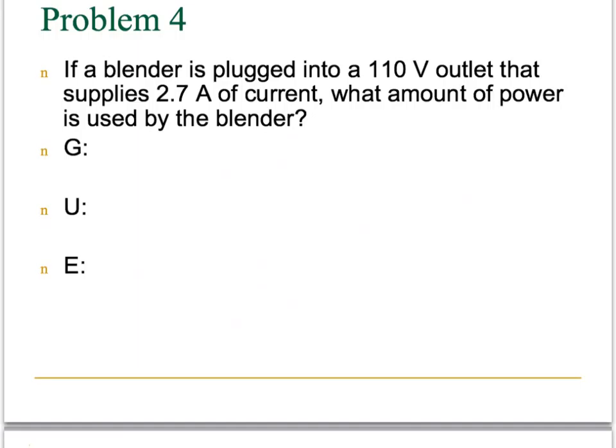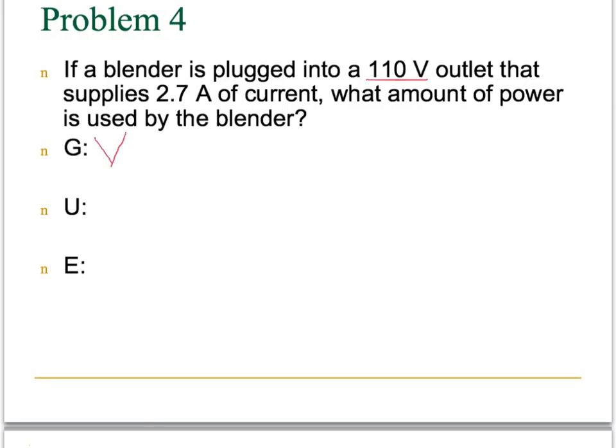Now let us look into the last problem. It says here, a blender is plugged into a 110 volt outlet that supplies 2.7 amperes of current. What amount of power is used by the blender? So using the GUESS method again, let us write down the given. So we know that 110 volts refers to the voltage.